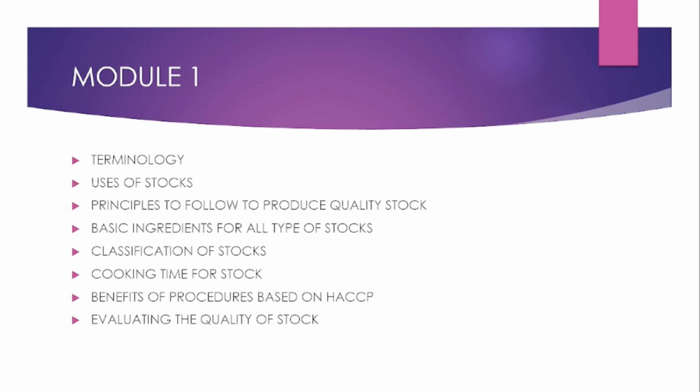So let me say I was going to prepare a rice stock, I must have extracted the aroma from rice, right? Those are the examples I'm just giving you so that you get to see that it makes sense. This is the basic. So it first needs to have a flavor.